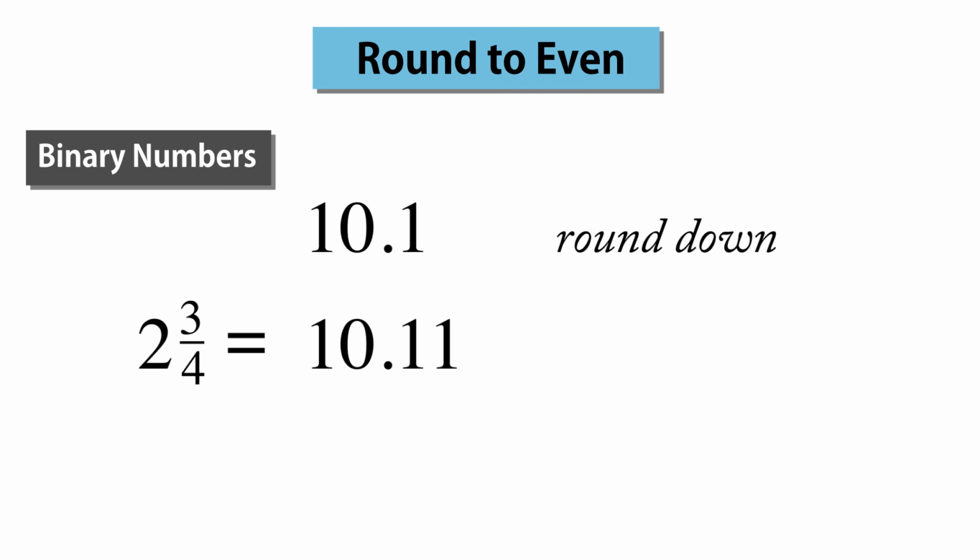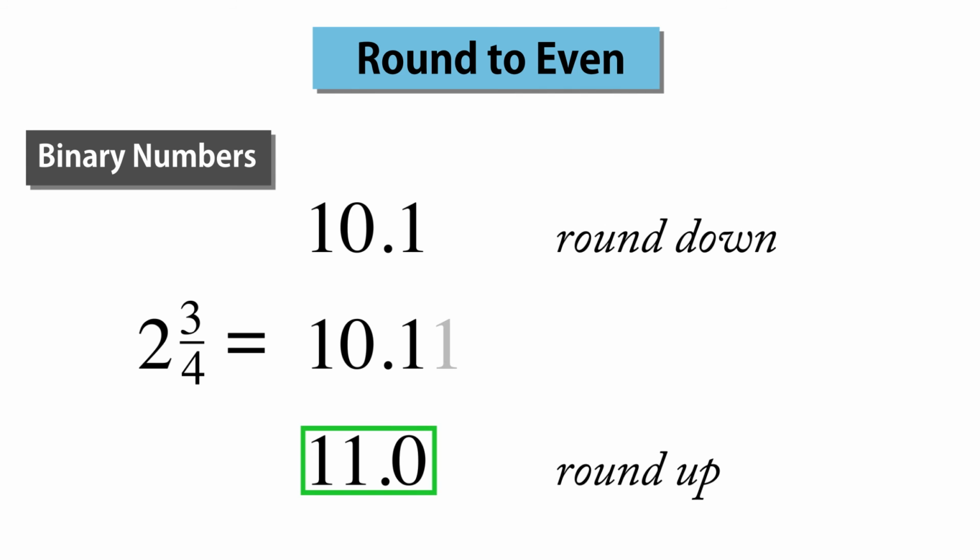To compute the round up result, drop the 1 following the rounding point and then add 1 at the rounding point. When we do that, we see that our fraction falls halfway between the values shown here. Now the choice is easy. Choose the value with an even bit at the rounding point. In binary, 0 is the only even bit, so we choose 11.0.